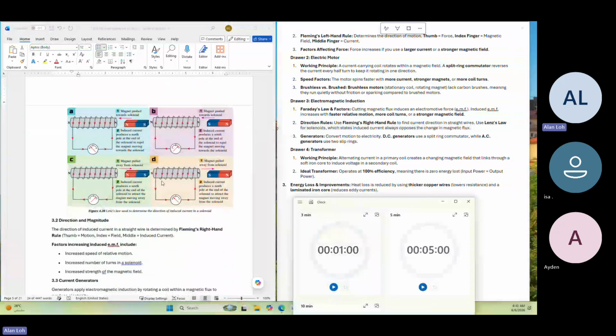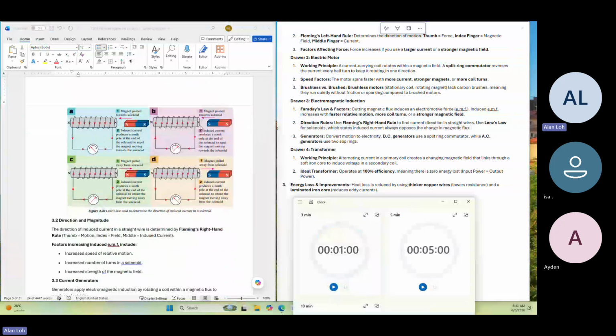Oh yes, what's the difference between drawer 3 and drawer 2? Drawer 3 is using a magnet to generate electricity. Drawer 2 is using electricity to generate movement, kinetic energy. So drawer 3 is using movement of the magnet to generate electricity.